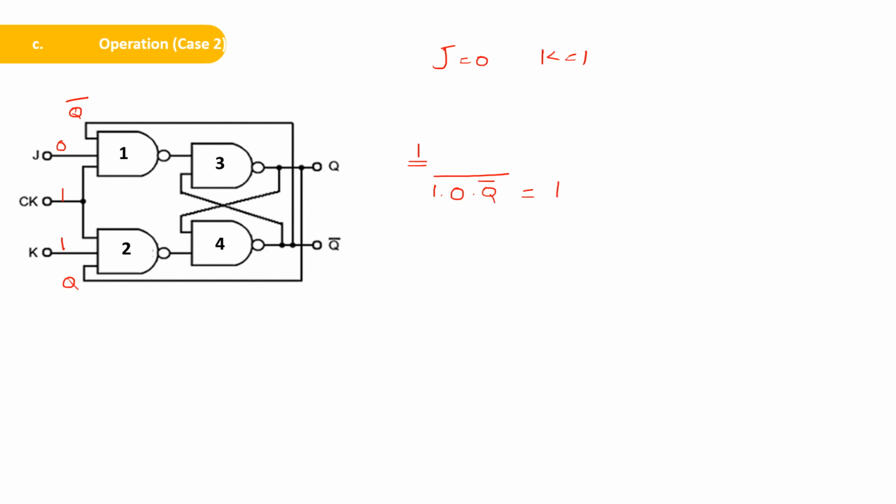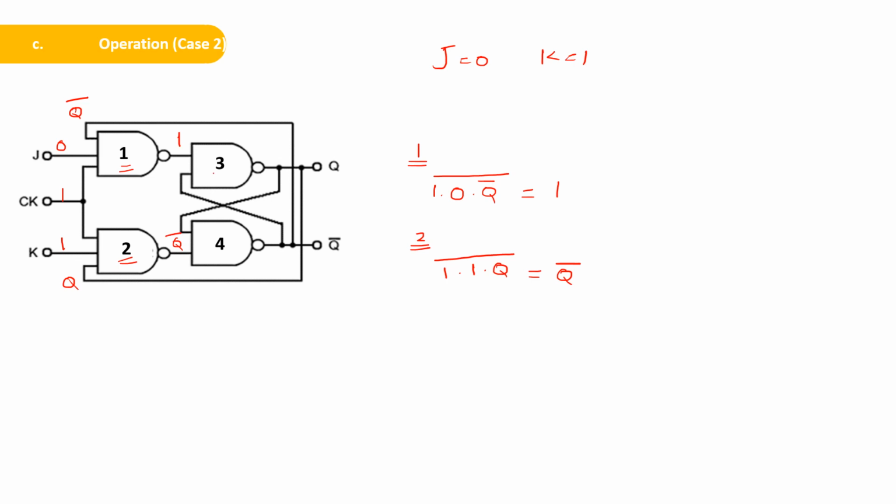Now if you take the NAND gate 2, the inputs are 1, 1 and Q. 1 dot 1 is 1, then 1 dot Q is Q, its complement, that is Q bar. So the output of NAND gate 1 is 1, the output of NAND gate 2 is Q bar.